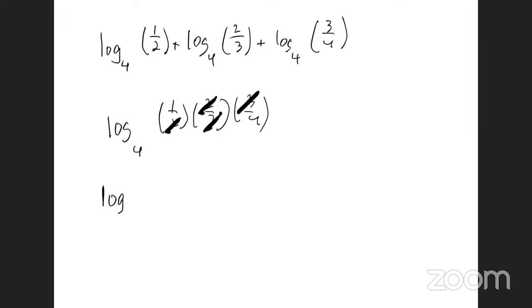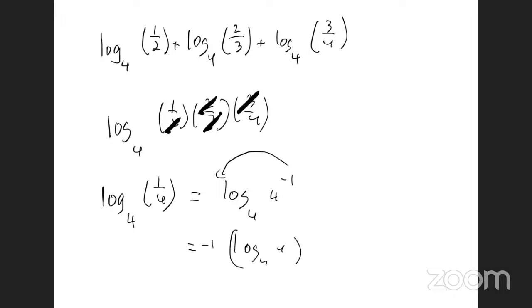So you'll get log to the base 4 of a quarter. And that can be broken down slightly. You will get log to the base 4 of 4 to the minus 1. And then you can put the minus 1 here: minus 1 times log 4 of 4. And log 4 of 4 is 1. So the answer is -1.